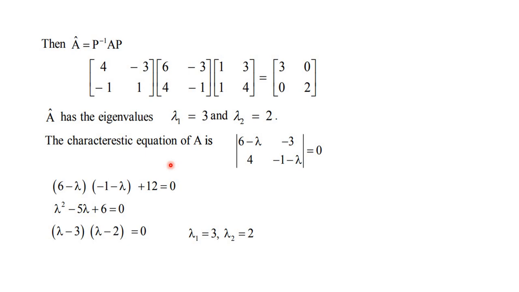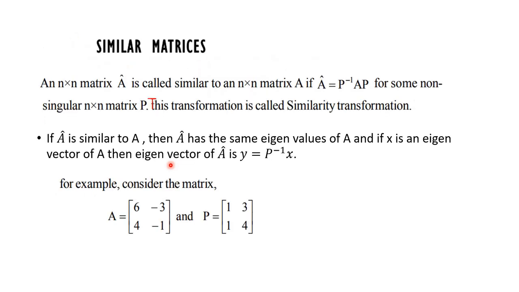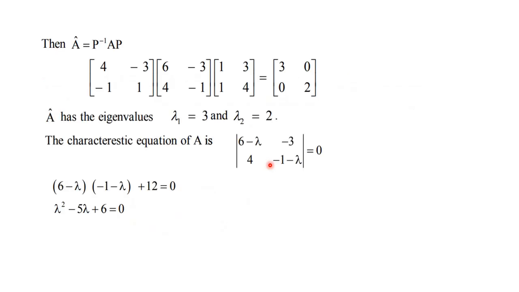So for finding the eigenvectors, the condition is: if X is an eigenvector of A, then the eigenvector of A cap is Y equal to P inverse X. So first we find the eigenvector of A, for the eigenvalues lambda equal to 3 and lambda equal to 2.